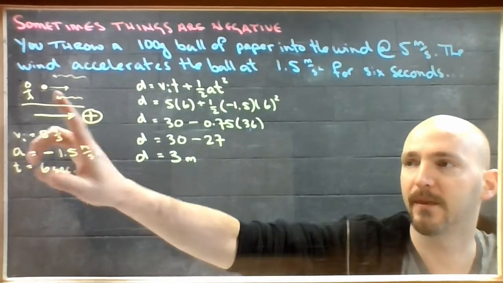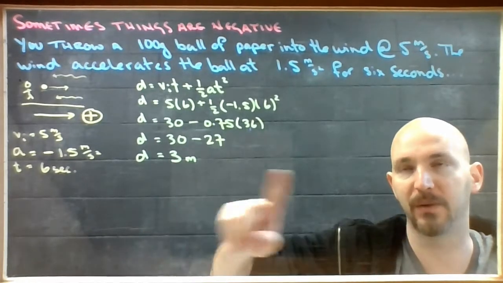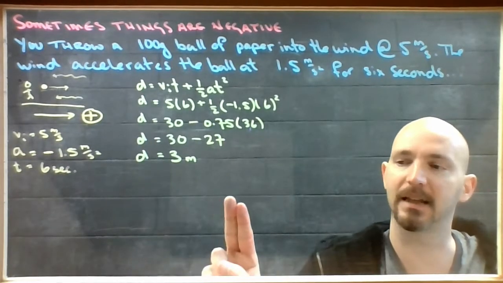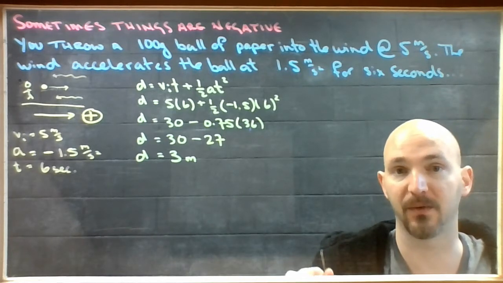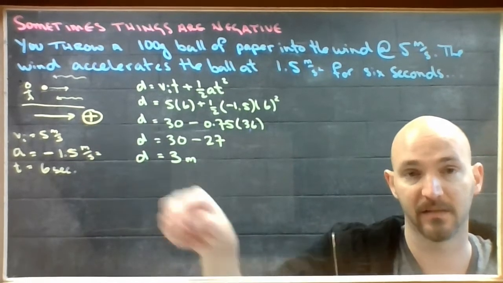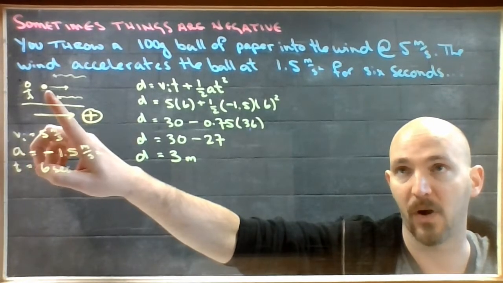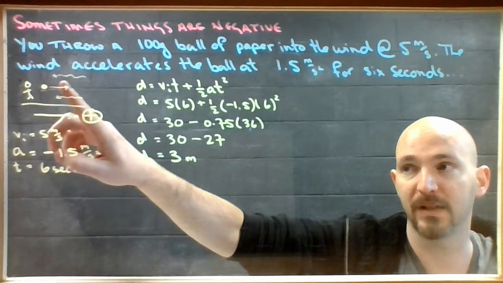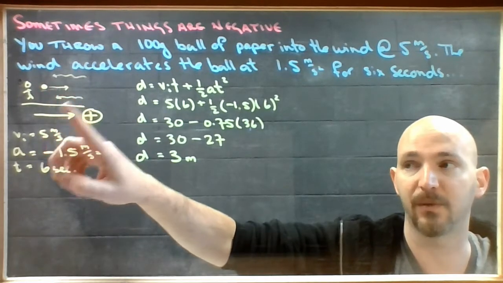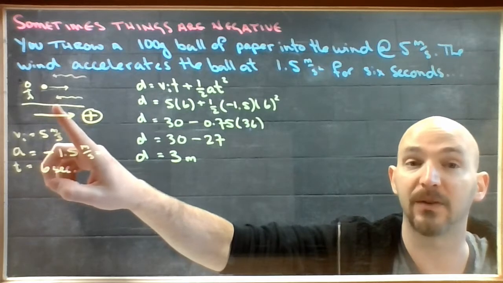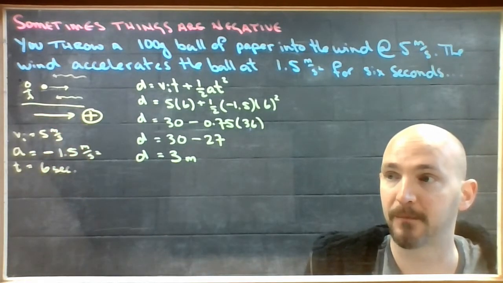This doesn't mean that the ball has traveled 3 meters in total. It means that its position from the start point is positive 3 meters, and positive means rightward in this question. So this particular paper ball was thrown into the wind, and then it came back, and 6 seconds after it was thrown, it is located 3 meters to the right of the individual who threw it.